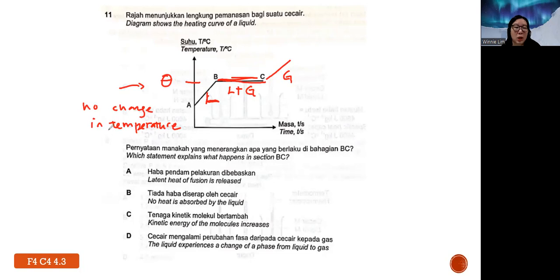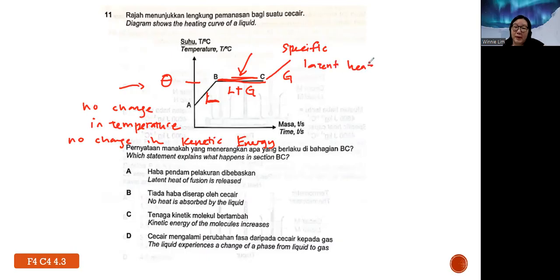So that's why there's no change in temperature. If there's no change in temperature, there is also no change in the kinetic energy. So this is some basic idea for you to know. And the heat involved is actually called latent heat, and in this context, it is specific latent heat of vaporization.